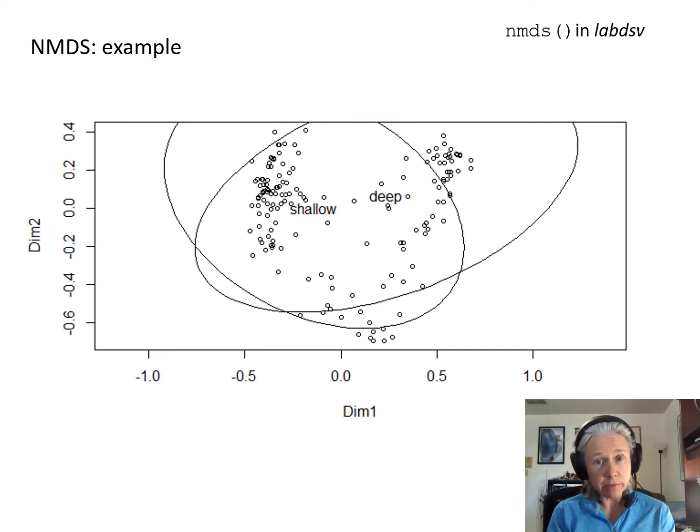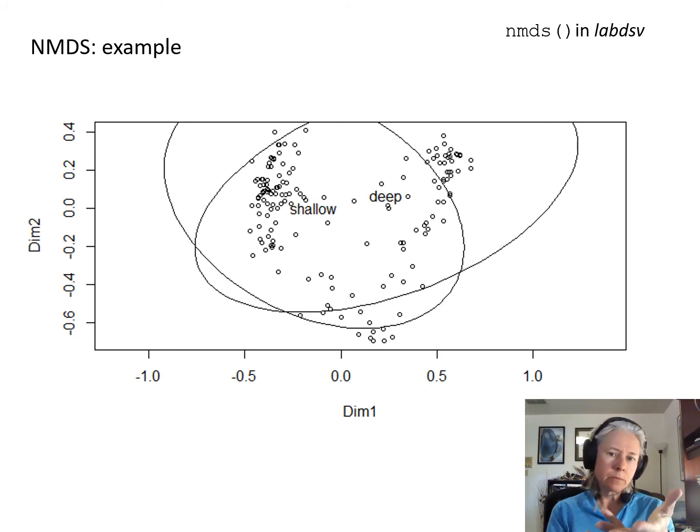And in the video for that lesson, I explained that NMDS likely wasn't an appropriate choice for this specific analysis, because in examining whether soil depth could explain variation in the site by species data, depth is a categorical variable and thus isn't on a continuous gradient.